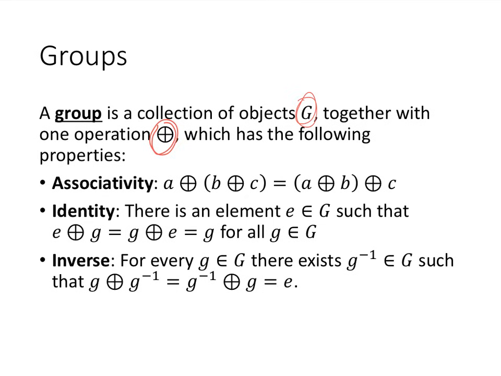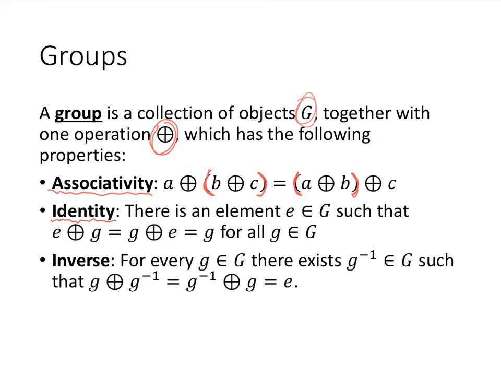And then we've got three properties, and the three properties are associativity, and that means that if I have three of these objects, the way that I group those objects doesn't matter. So if I have three objects that I want to use this operation on, if I do the second one and the third one together and then tack on the first one, that's the same as if I do the first two together and then tack on the third one. The next property is identity.